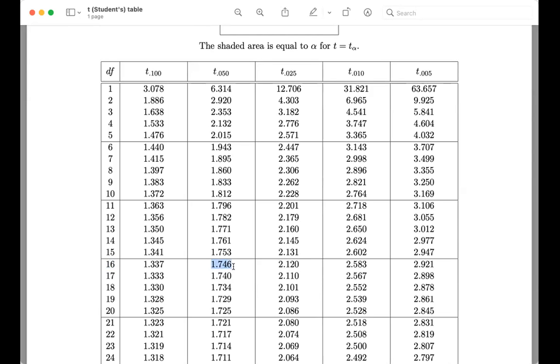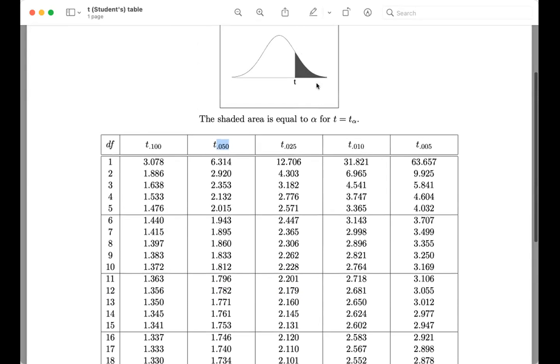Our number is between this value and this value. We're not sure exactly where. So our p-value is bounded, because that is basically the probability, and remember that is the shaded area underneath the curve. So it's going to be bounded between this value and this value, somewhere in between those two values.